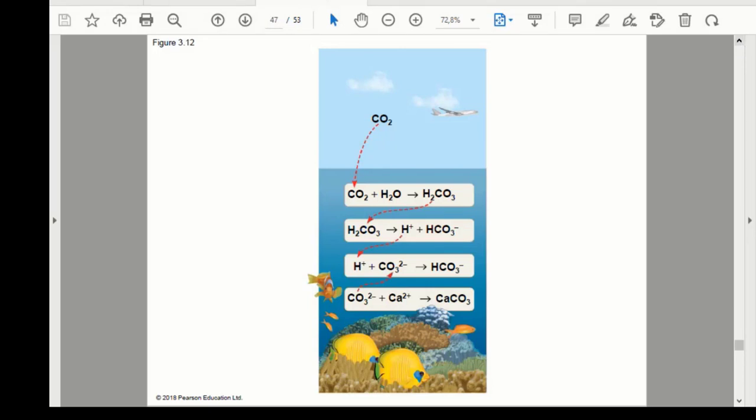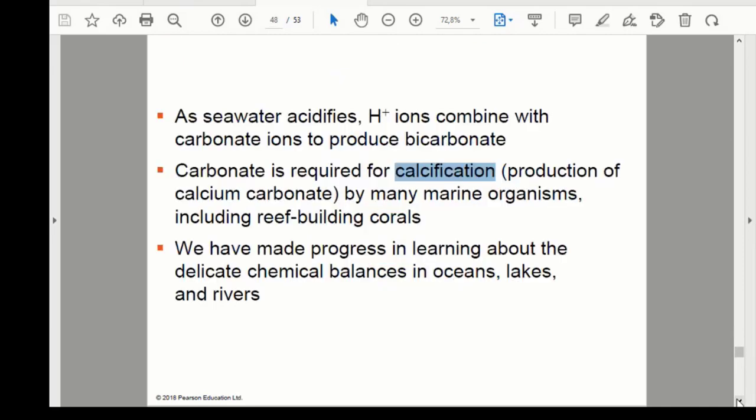No, thank you. Somebody else answered no. And so this carbonate is required for calcification by many marine organisms, which include reef building corals.